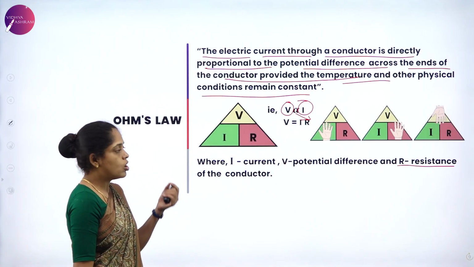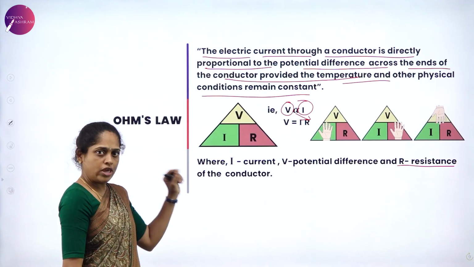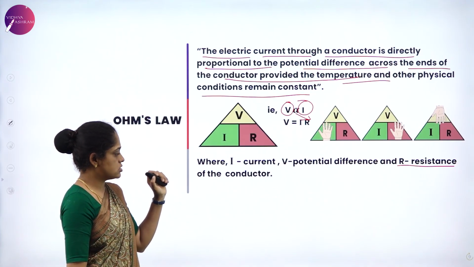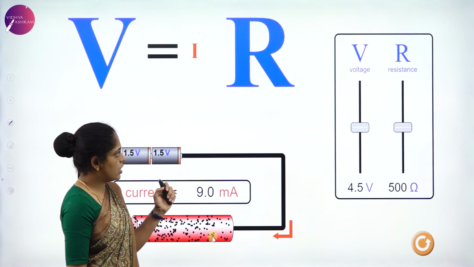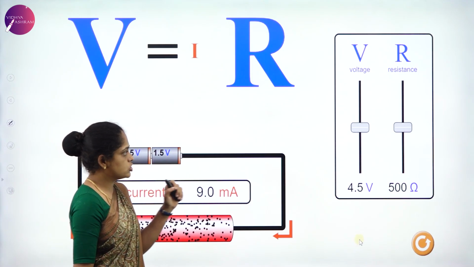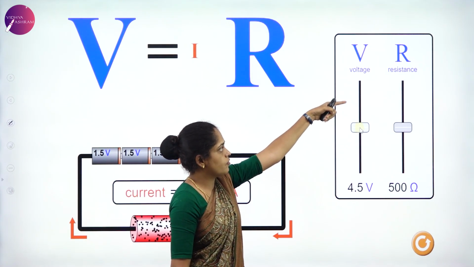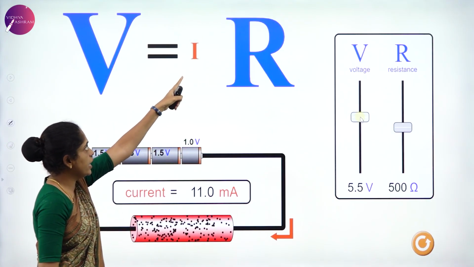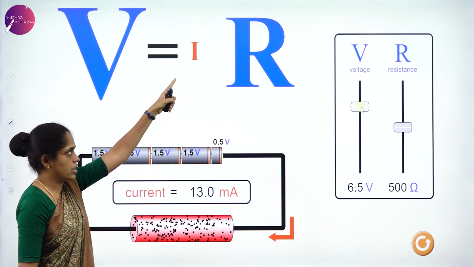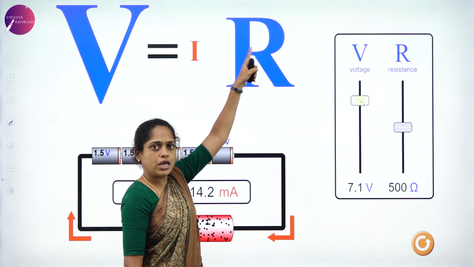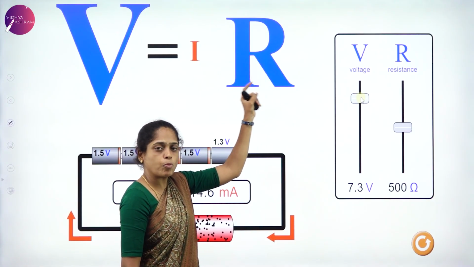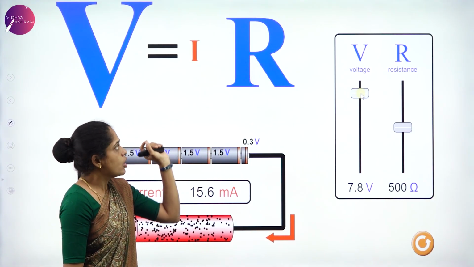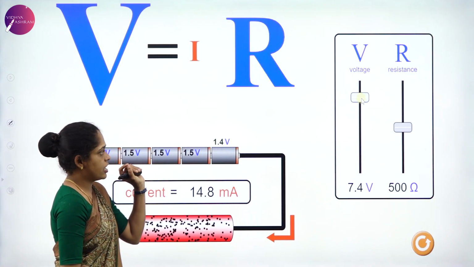This is Ohm's law. According to Ohm's law, as V increases, observe in this picture, we are increasing the V. As V increases, look at the I, it also increases. But R remains constant, which is the proportionality constant known as resistance.